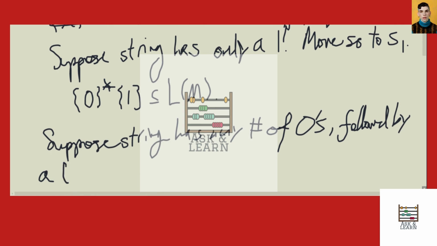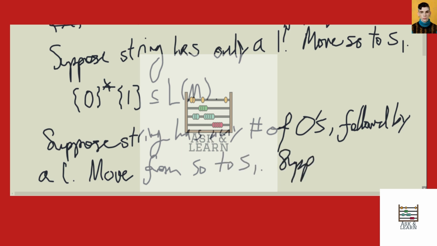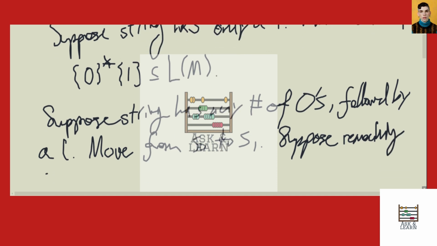So if we have a 1, then this means we're going to move from S0 to S1, and then suppose the remaining string has 0 as the next bit.